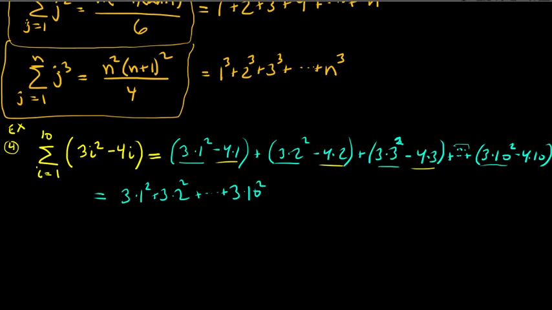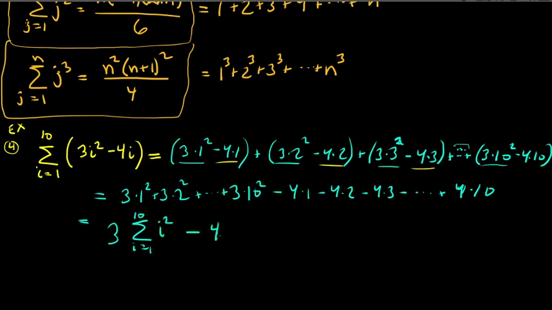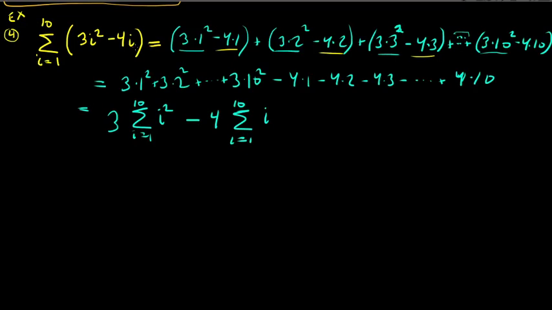So that's going to be minus 4 times 1, minus 4 times 2, minus 4 times 3, up to minus 4 times 10. In other words, I took 3 times the sum, i going from 1 to 10, of i squared, minus 4 times the sum, i going from 1 to 10, of just i. So we could split this up as 2 separate series, and then factor out the 3, factor out the 4.